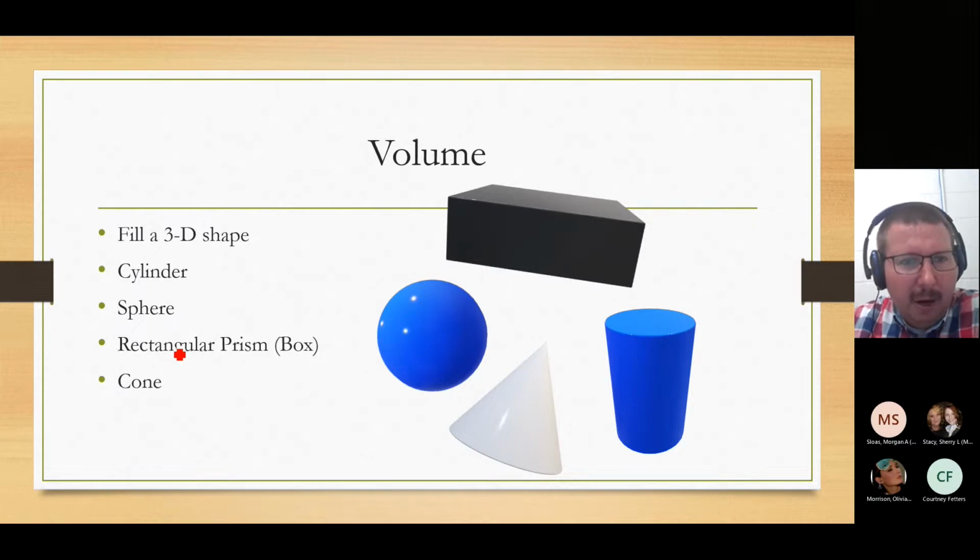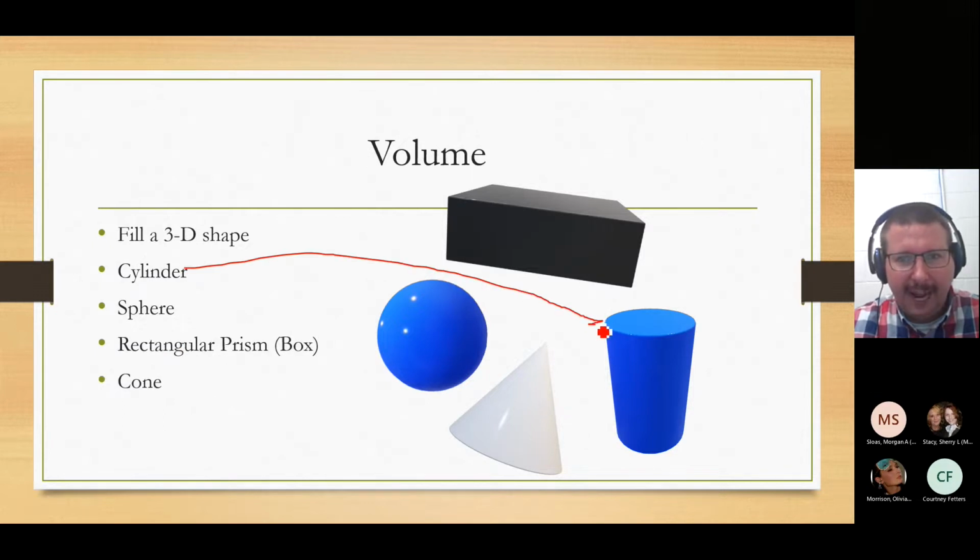And we're only going to be talking about 4 formulas from the formula sheet. Again, you do not have to memorize them because they give them to you. And on your formula sheet, it should say V equals, those are the formulas you need to look at. The first one is the cylinder, which is the can again.